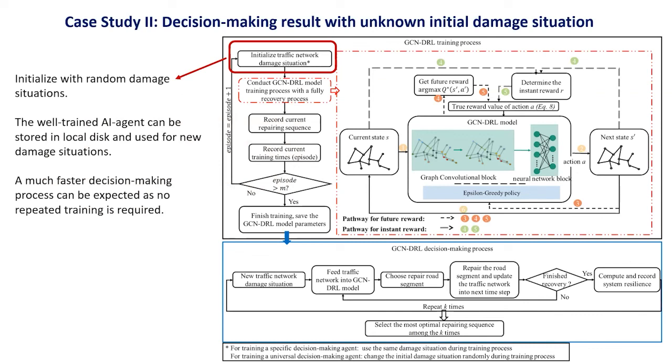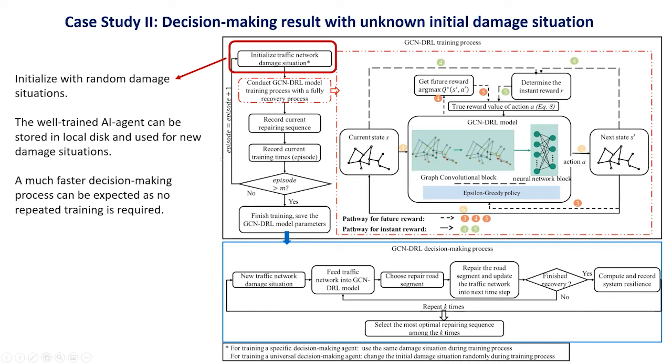Again, if we go back to our decision-making process, in order to train an AI agent that can take care of any possible damage situations, we are going to randomly reinitialize the damage situation during the training process.